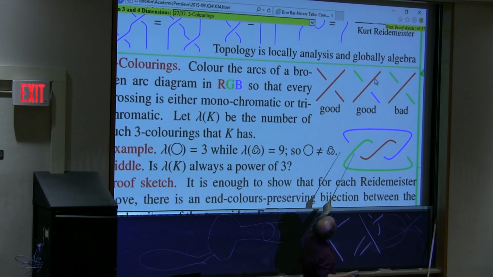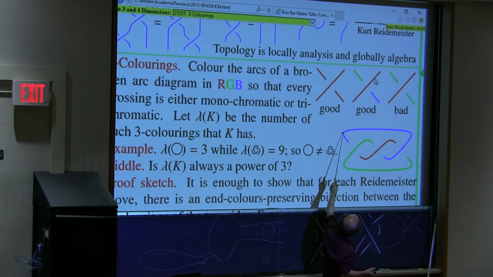Why? Because, well, basically you color this one whatever you want, and that one whatever you want. Let's say I've colored them blue and green. Since on this crossing you already have green and blue, this one must be colored red.